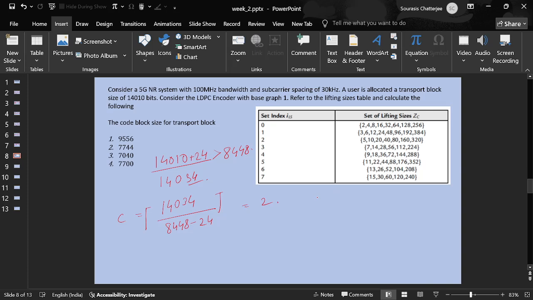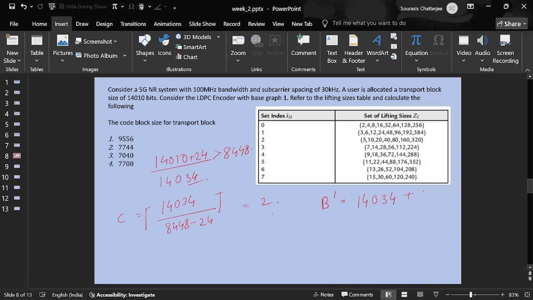What is the total payload after adding CBCRC on top of it? Let's call it B dash. How do you obtain this value? It's the transport block plus TBCRC, that is 14034, plus C times 24.